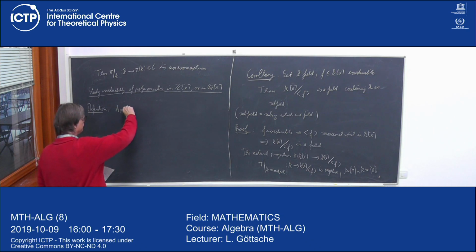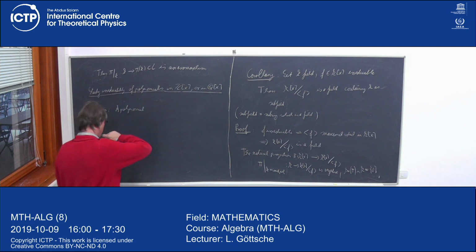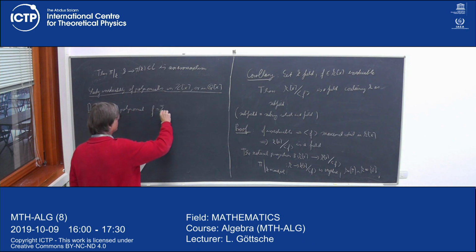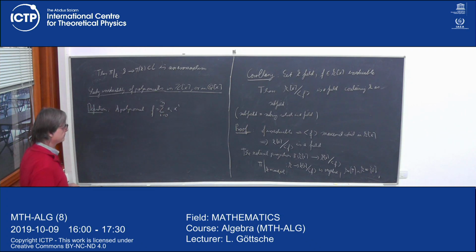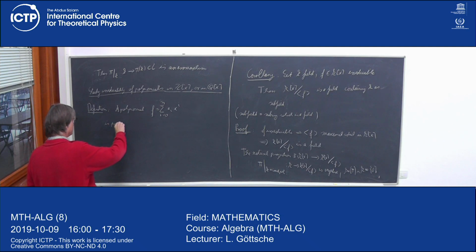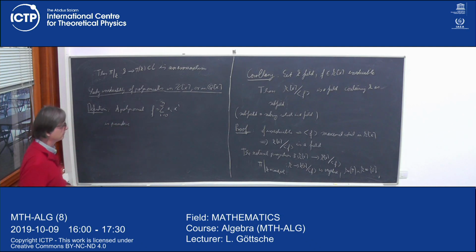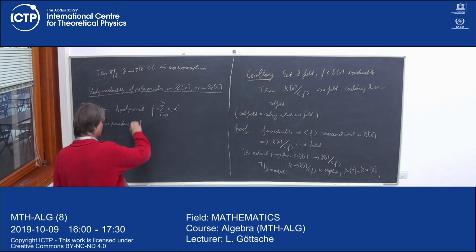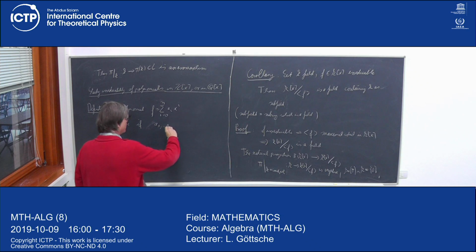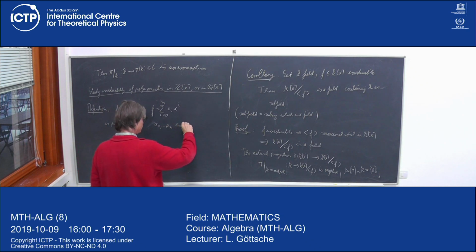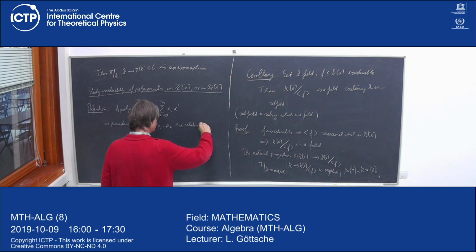A polynomial f equals the sum from i equals 0 to n of a_i x^i is called primitive if the coefficients are relatively prime, so that means that the greatest common divisor of them is 1.